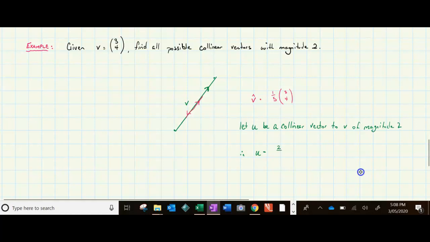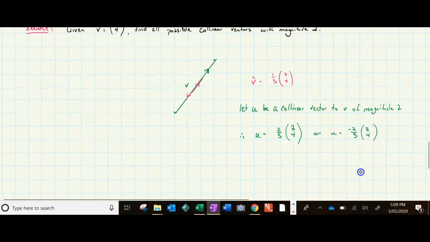So it'll be 2/5 times 3, 4, or u could be going in the other direction. It could be minus 2/5 times 3, 4. So you can see there that that's okay. We would rewrite these as single vectors. So 3 times 2/5 would be 6/5, and 4 times 2/5 is 8/5.